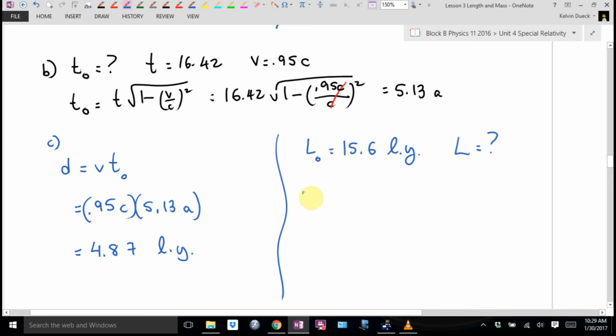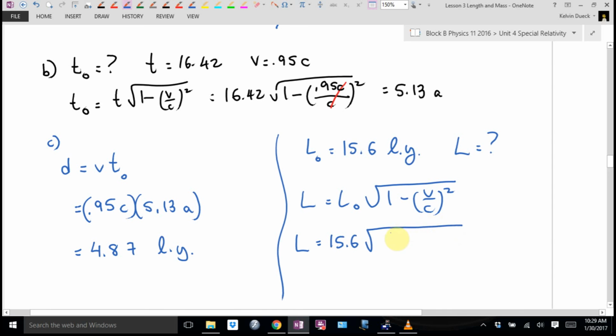Okay, L is going to be L0 square root of 1 minus v over c all squared. 15.6 is what we think it is, because we're at rest. That's what we measure the distance. Square root of 1 minus 0.95 c over c all squared.